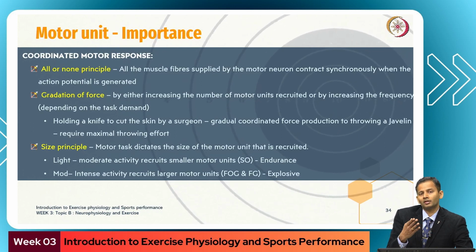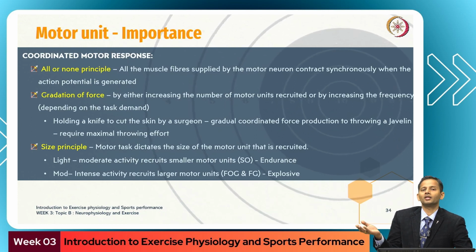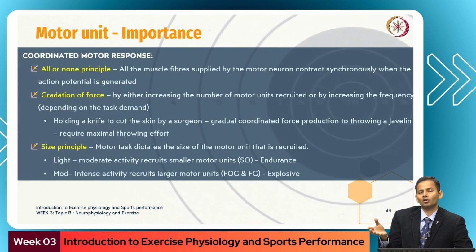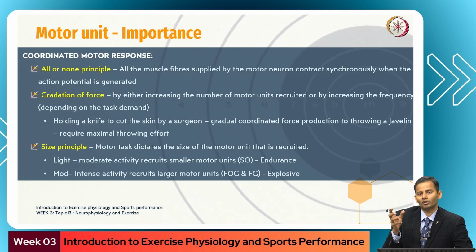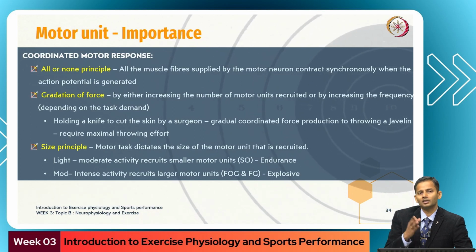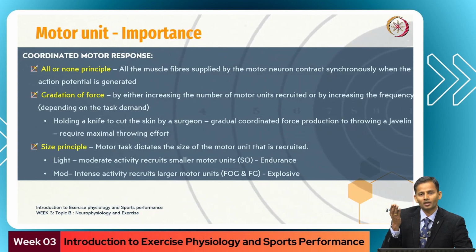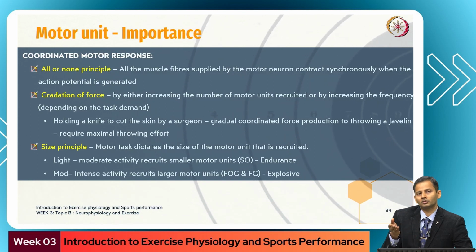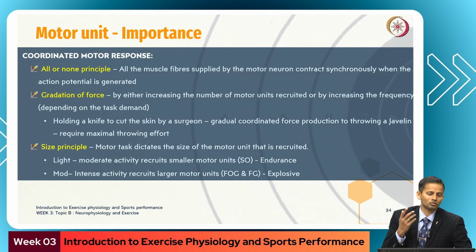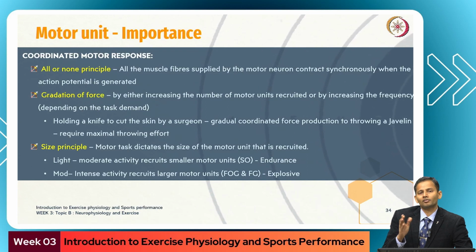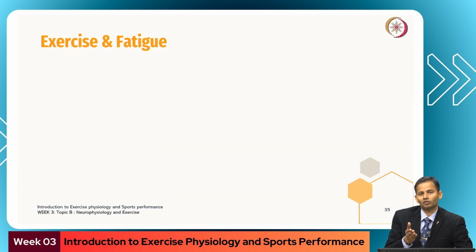Whereas if you have a motor activity which requires explosive movement or immediate maximum output, in such intense activity you will have large sized motor units being recruited, so that maximum motor unit output can be given by the fast fatigable or fast oxidative glycolytic muscles. So that is the application of the size aspect of this in your exercise training.